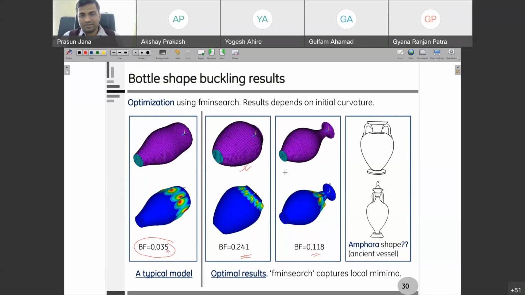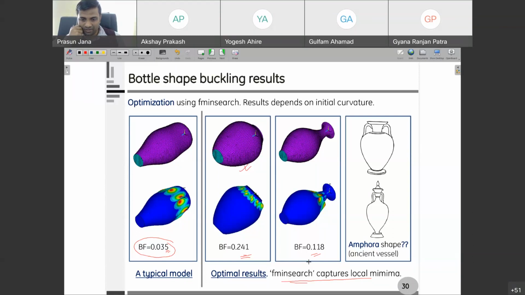Here we have got two shapes because in this particular optimization study we are using fminsearch, and fminsearch is a kind of gradient-based optimization scheme. It starts with your initial guess, and the output depends on it. If there are local minima, then you will probably end up in a local minimum depending on the starting value.